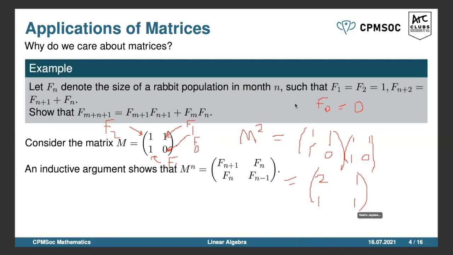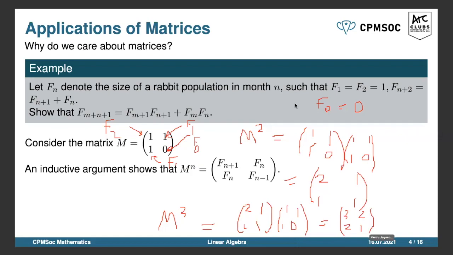And if you do M cubed, so one more example, we get 3, 2, 2, 1.